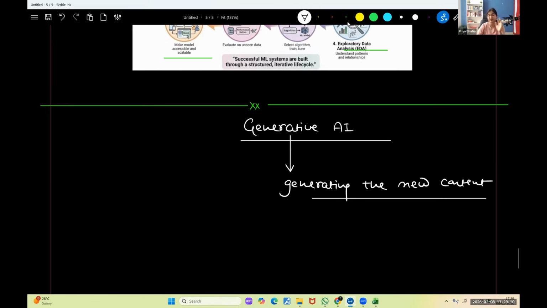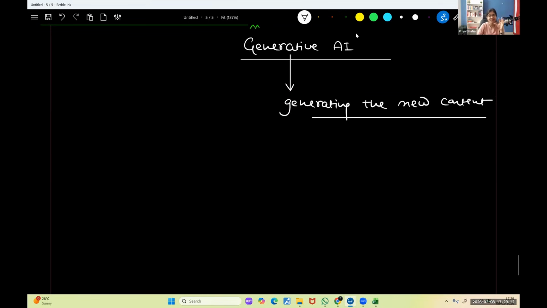That's why the name generative comes into the picture. AI means obviously the content that you will be generating is somehow artificial. That's why AI full form is artificial intelligence, right? So generative AI is a domain where the core focus is on generating new content.